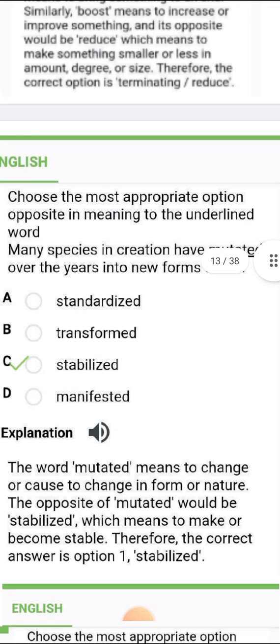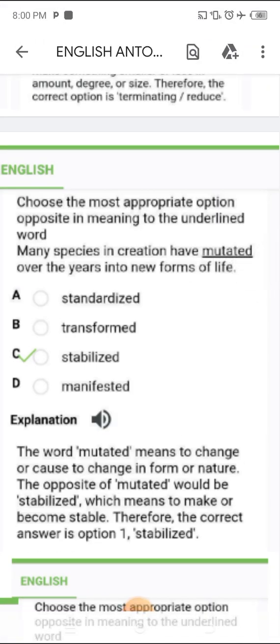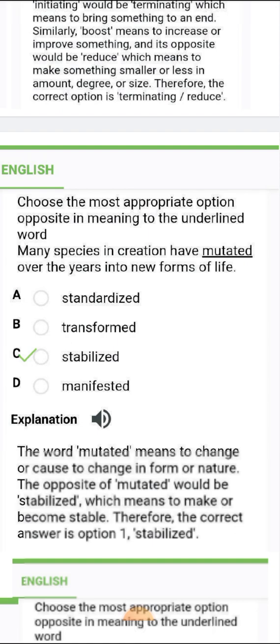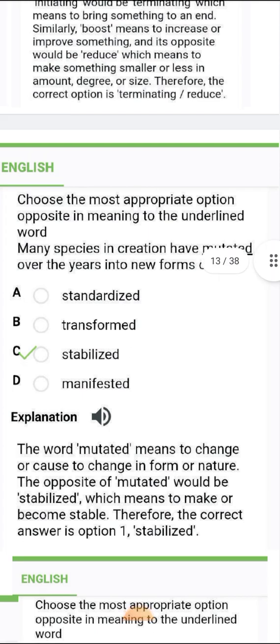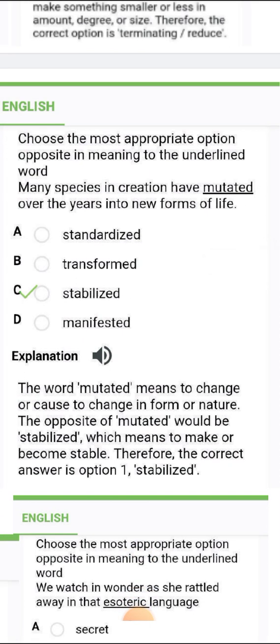Next one is mutated, which is stabilized. The word mutated means to change or cause to change in form or nature. The opposite of mutated would be stabilized, which means to make or become stable.